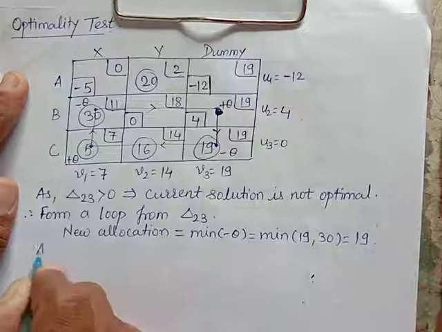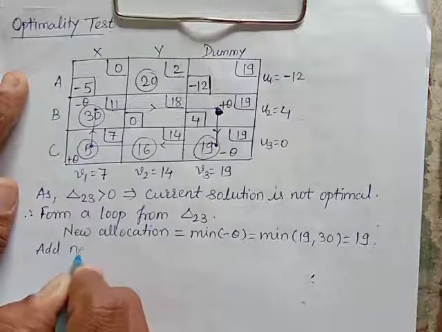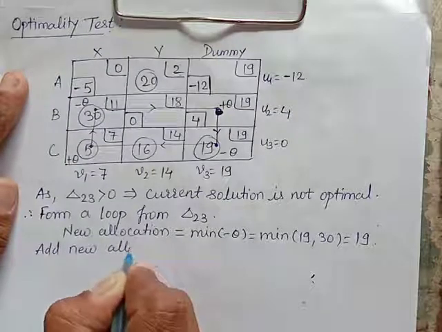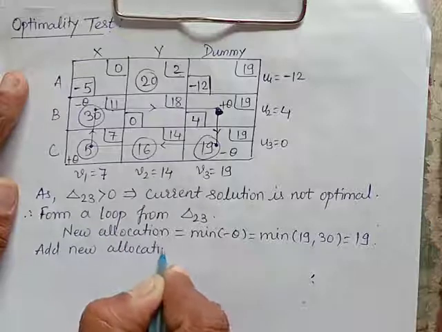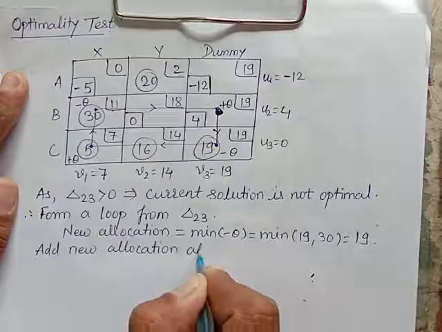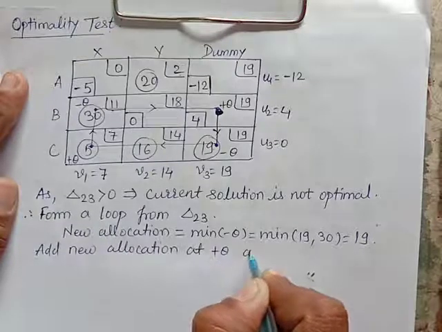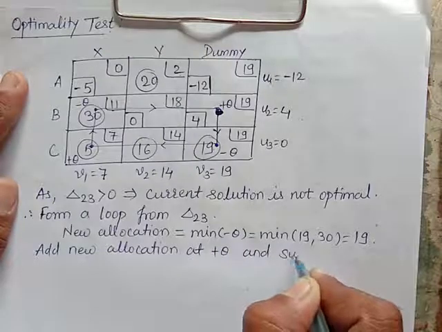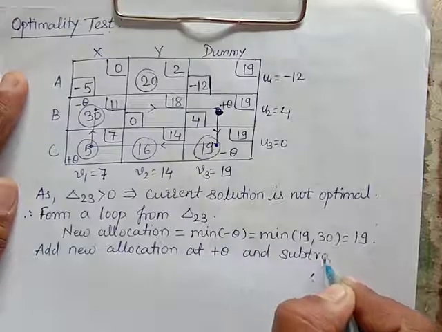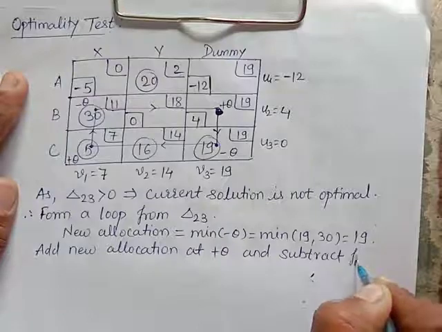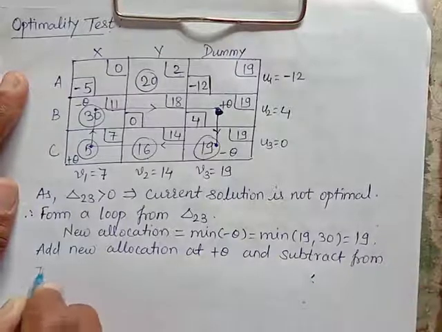So we add the new allocation at plus theta and subtract from minus theta.